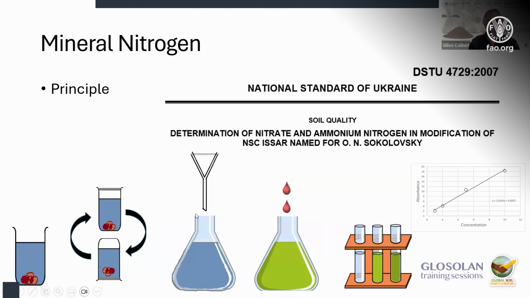You have the extraction solution, and for colorimetry, you will add some products in order to change the color. And you will work at a given wavelength according to the methods.